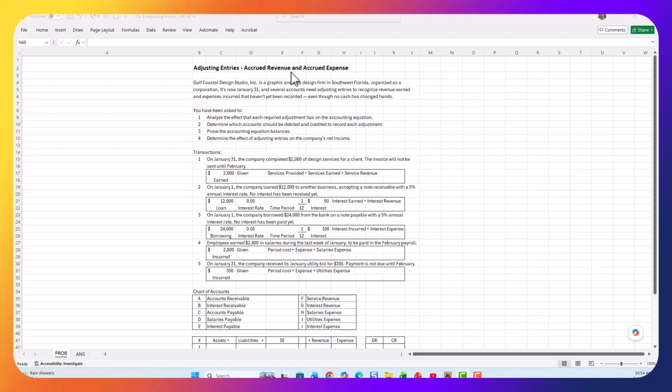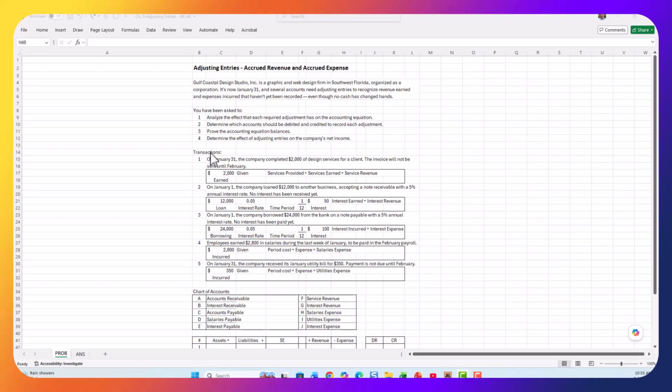We'll look at two accrued revenue examples where the company has earned revenue but hasn't collected it, and three accrued expense examples where the company's incurred a cost, but it hasn't paid for it yet. The other three categories, prepaid expenses, depreciation, and deferred revenue, will all take place in another video.